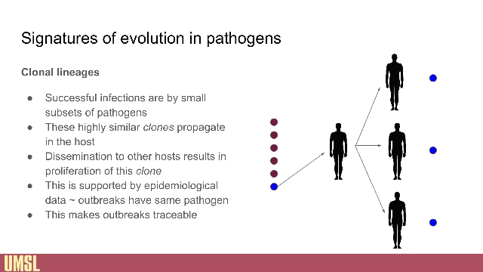The thing about this that's nice is this makes outbreaks traceable. This is why the Center for Disease Control and Prevention in Atlanta cares about isolating pathogens from specific food contamination events, you name it.